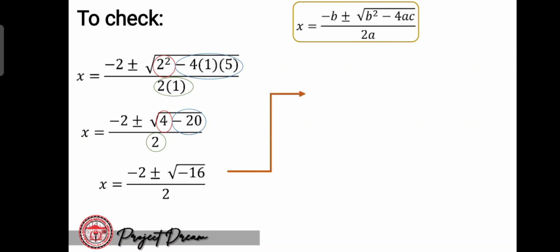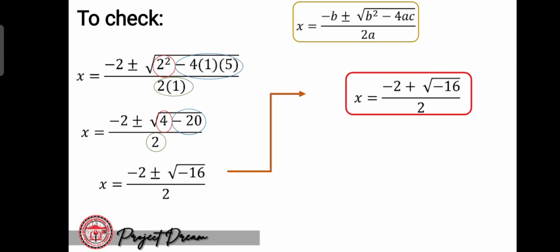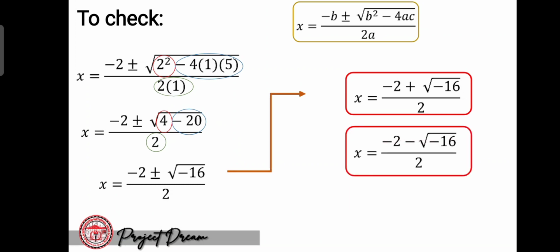So now let us separate it. So it becomes x is equal to negative 2 plus square root of negative 16 over 2 and x is equal to negative 2 minus square root of negative 16 over 2.